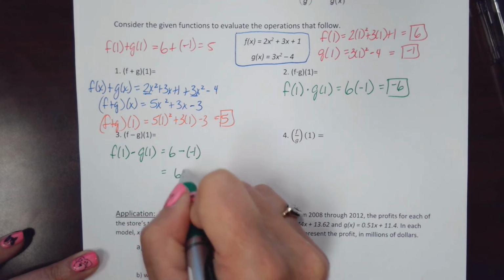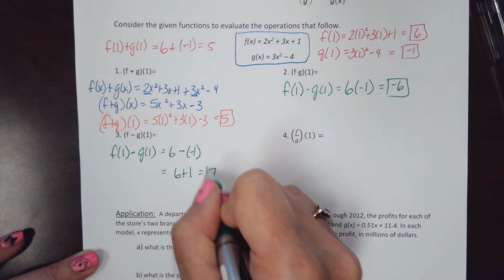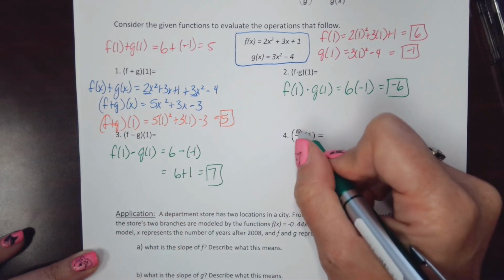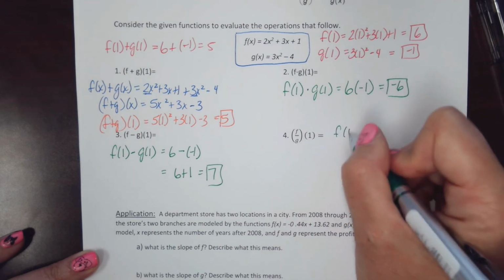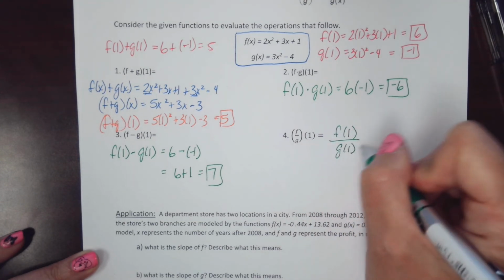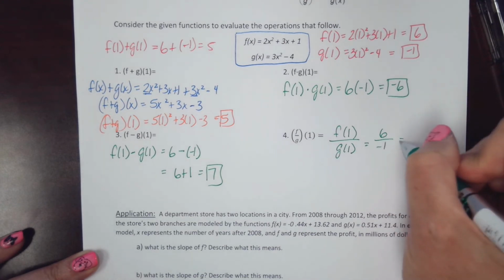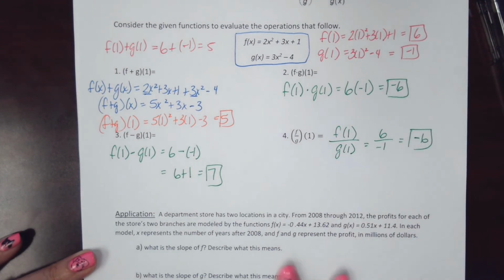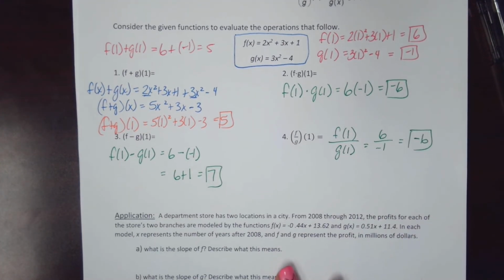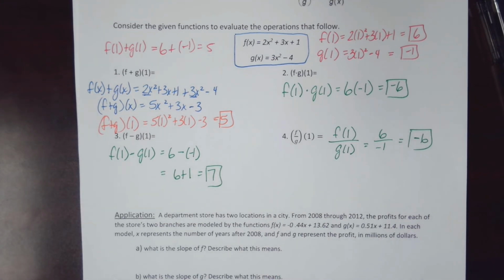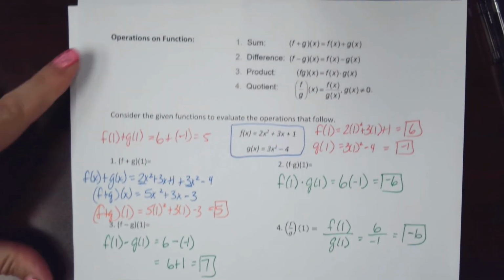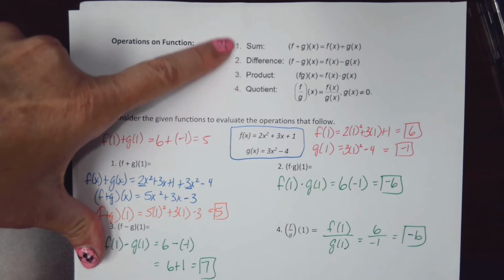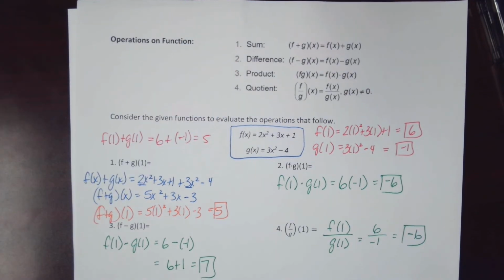Well, that becomes 6 plus 1, which is 7. And then f divided by g of 1 would be f of 1 over g of 1. 6 over negative 1, that is just a negative 6. So you've got some ways to play with that: operations on functions, combining functions, using your principal mathematical operations.